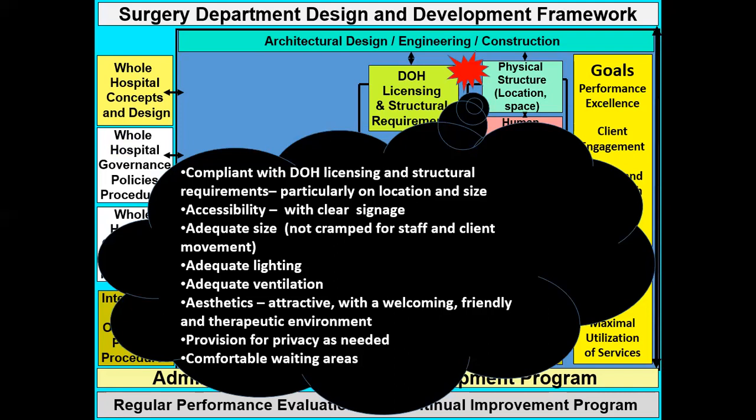Adequate size: it should not be cramped for staff as well as client movement. Adequate lighting, adequate ventilation, aesthetics, attractive enough with a welcoming, friendly, and therapeutic environment, provision of privacy as needed, and comfortable waiting areas. These are the minimum expectations.